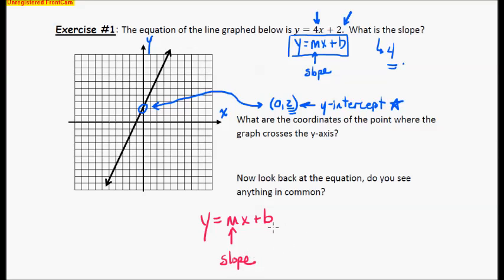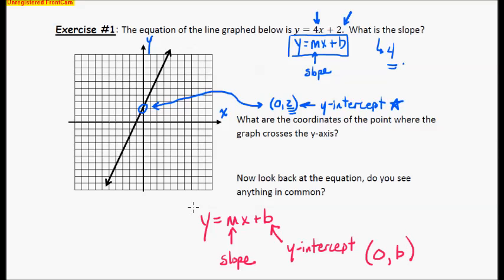We said that before. But the b over here is always your y-intercept. And the y-intercept always has an x-coordinate of 0, and then whatever that b is, it goes right here. And that's where you're going to cross the y-axis.